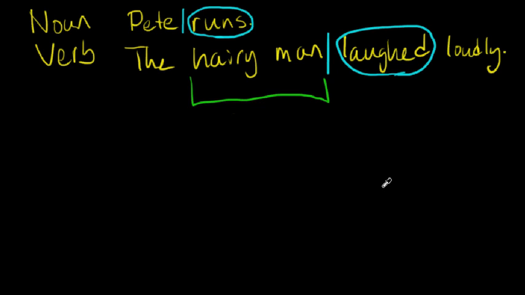Okay? Remember that in a sentence, you can have more than just one noun and one verb, and that a noun phrase is sometimes made up of more than just one word. For example, in this sentence, let's go ahead and underline our nouns. We only have one noun in this sentence, one object or person or place, and that is man.